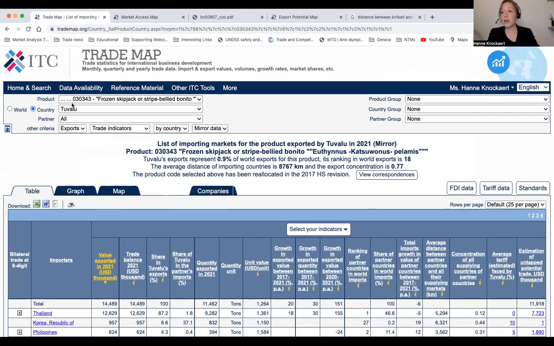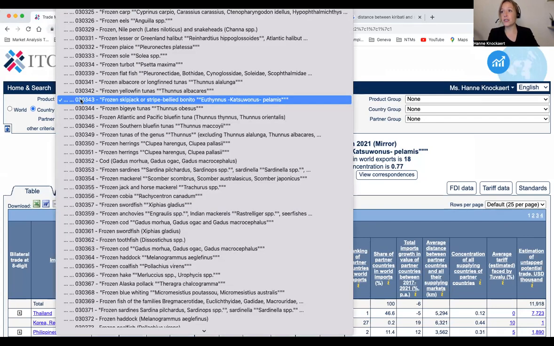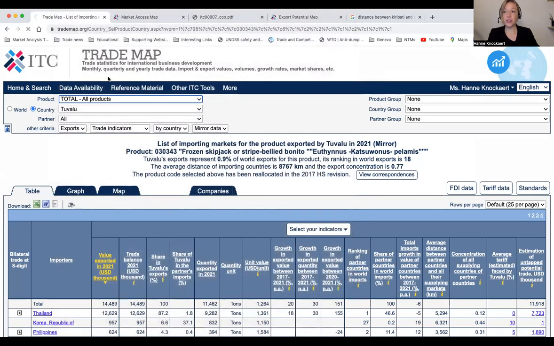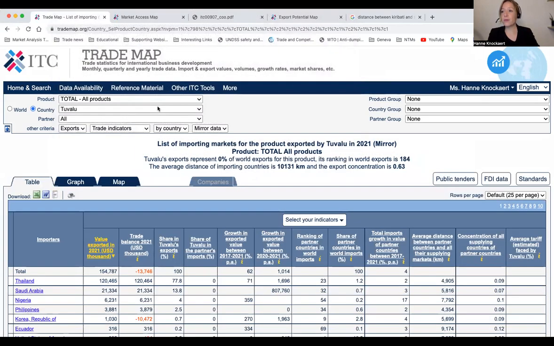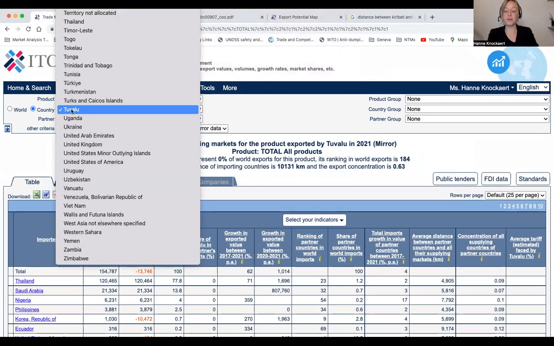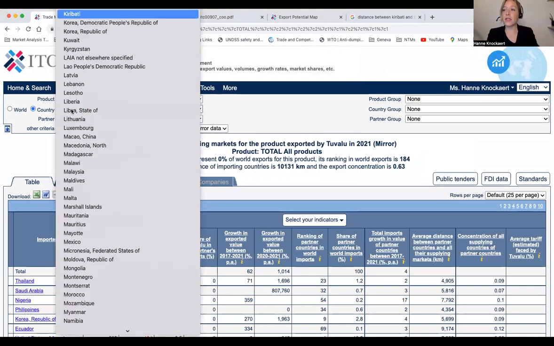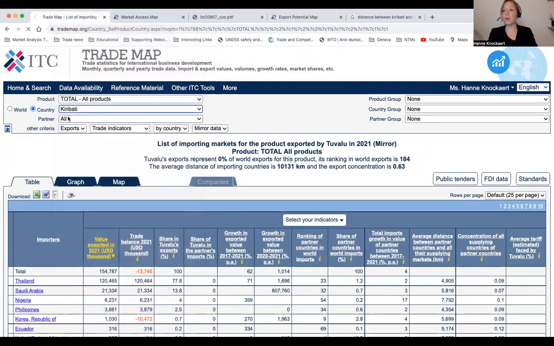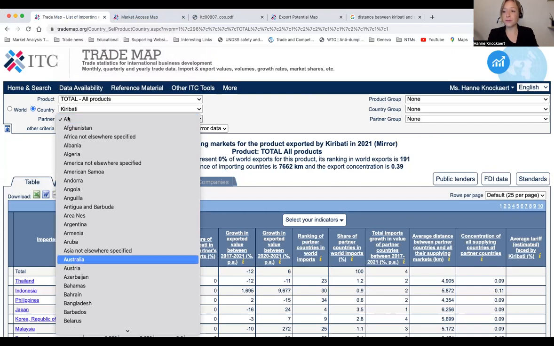So maybe I want to look into that without looking into the fish. Then we play around with this here at the top. We say Kiribati with Australia.